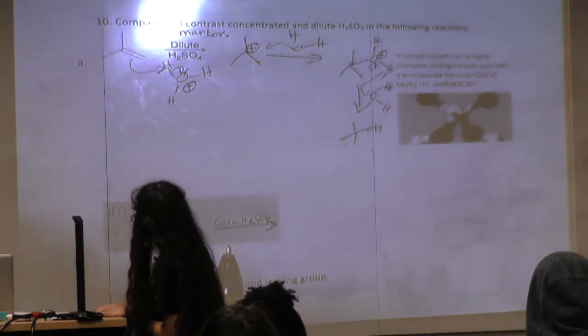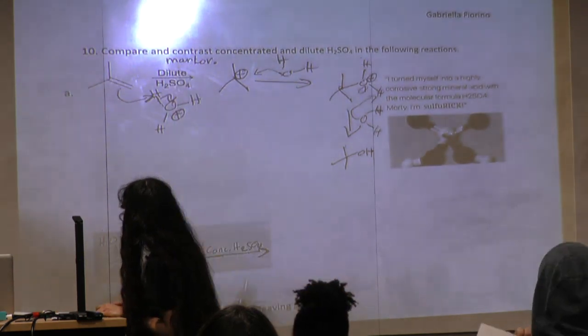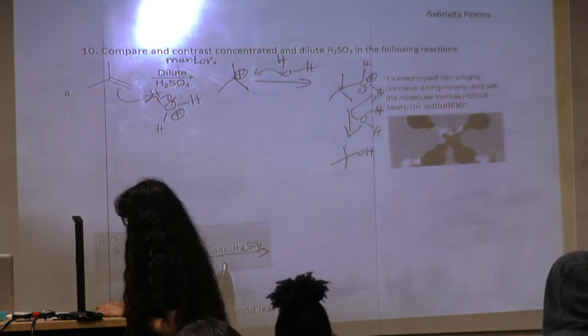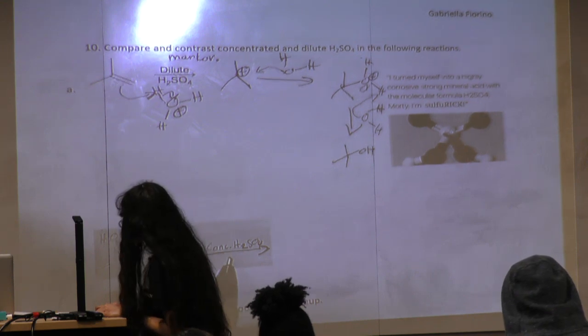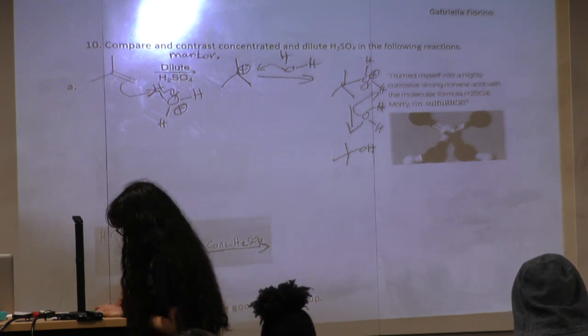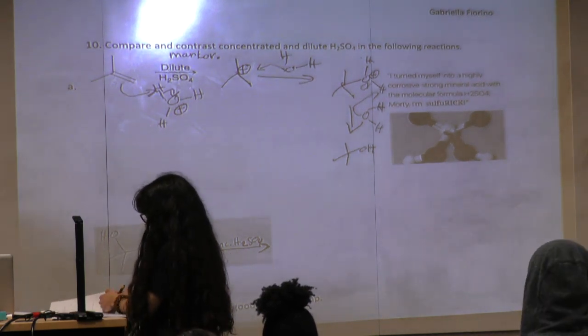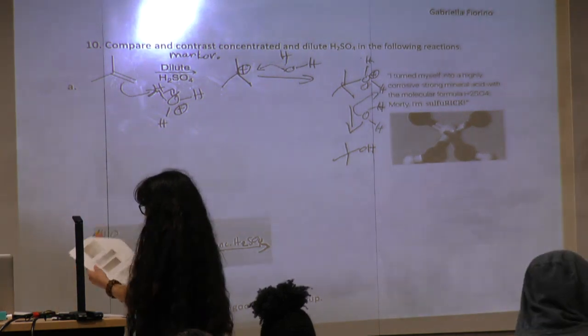So now we have concentrated sulfuric acid. What's the difference between dilute and concentrated sulfuric acid? This is going to do elimination. So concentrated sulfuric acid does elimination. I'm going to turn the page here.